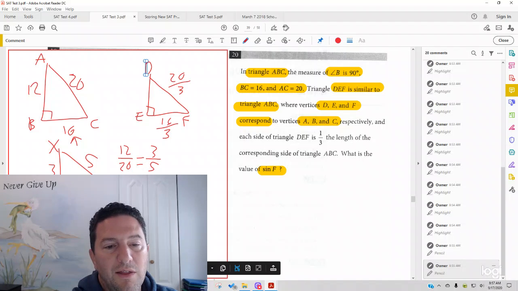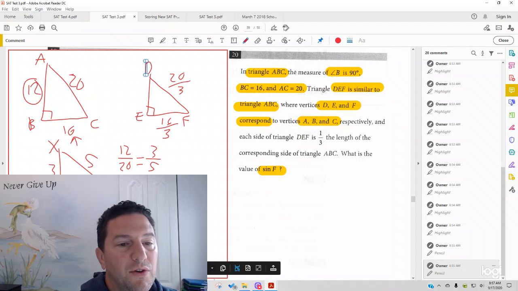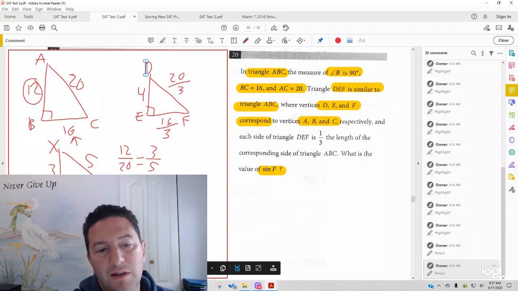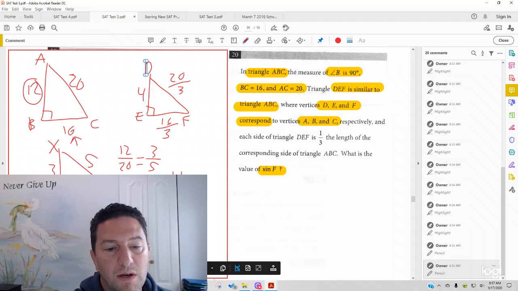There's no reason to do this, but if you did the Pythagorean theorem here, you could solve for the sine of F, or you could just take 1/3 of the 12, and you see that this side is 4. The sine there would be opposite, which is 4, over hypotenuse, which is 20 over 3.